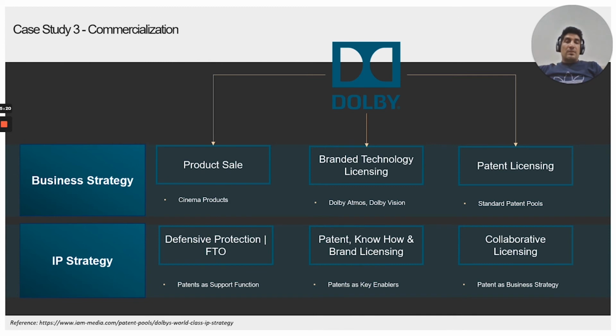So if you're going to do product sales like them, where they're selling cinema products, you have to work on two IP strategies. The first one is defensive protection, and the second one is the freedom to operate. Why? Because patents act as a support function in case of product sale. They do not act as a key enabler. So that means you do not need to license.